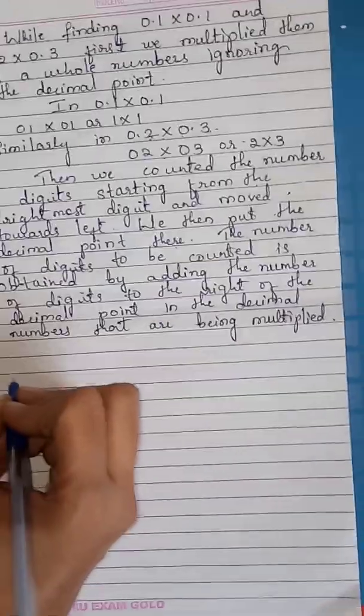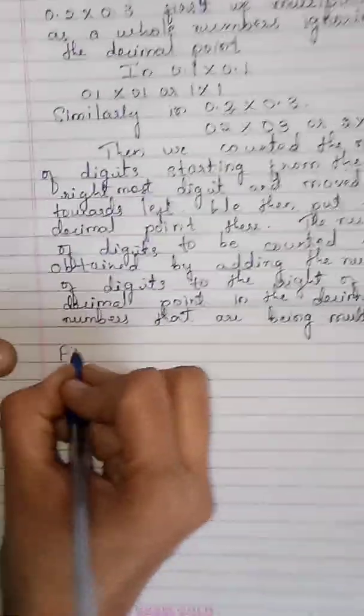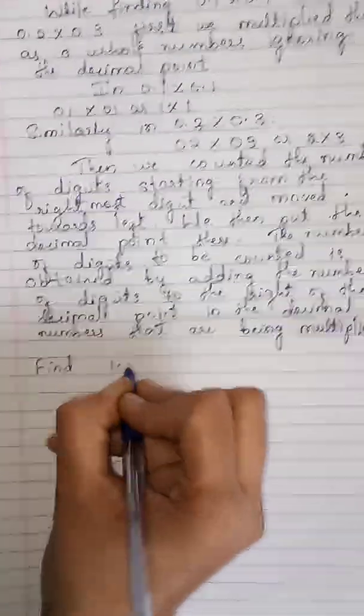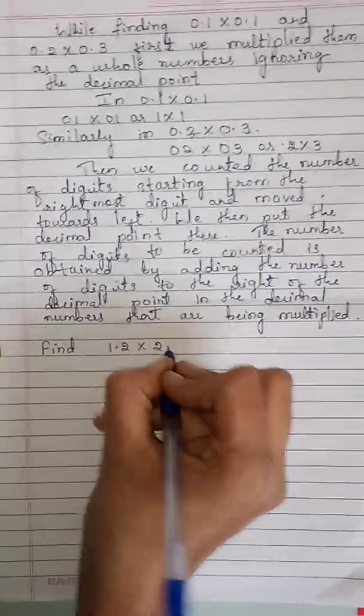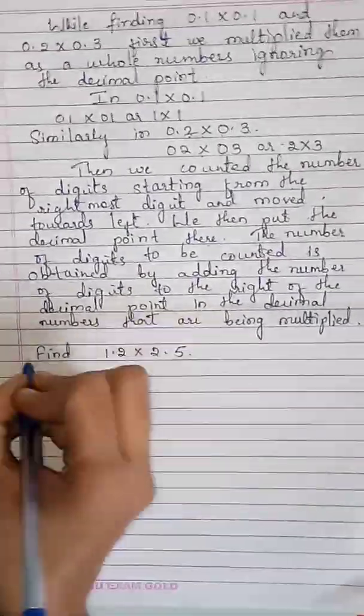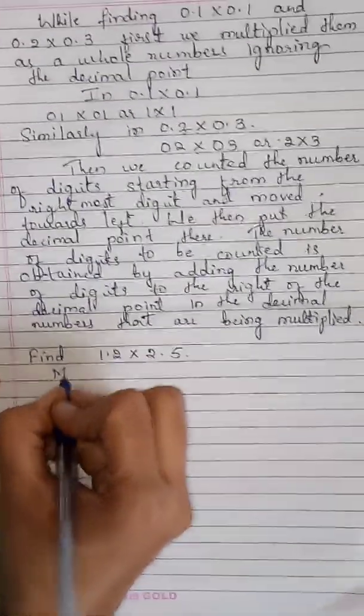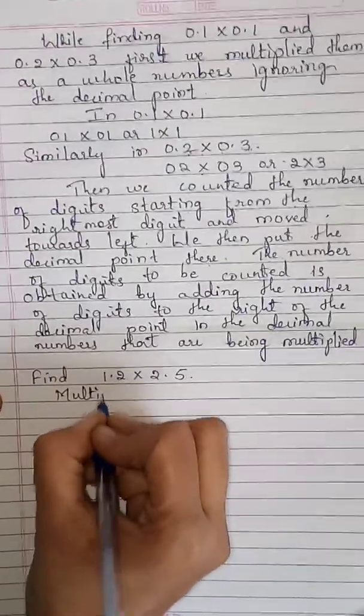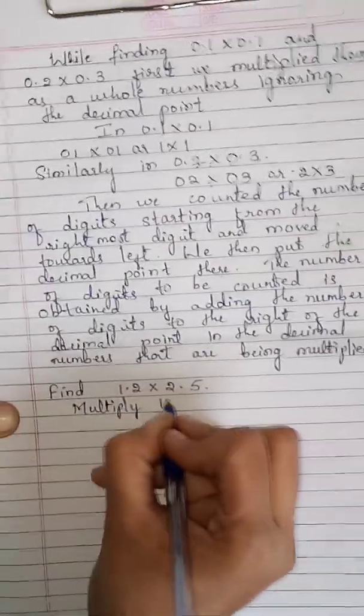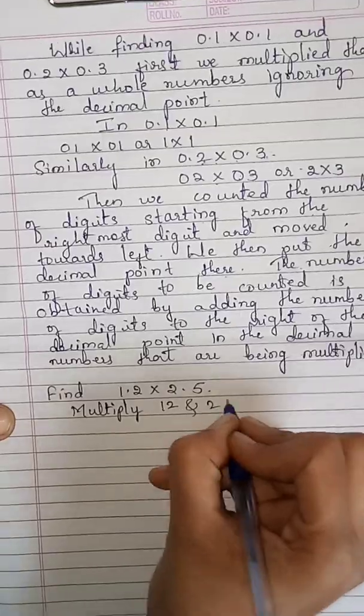See, you take one example here, find 1.2 into 2.5. Here first you multiply 12 and 25.